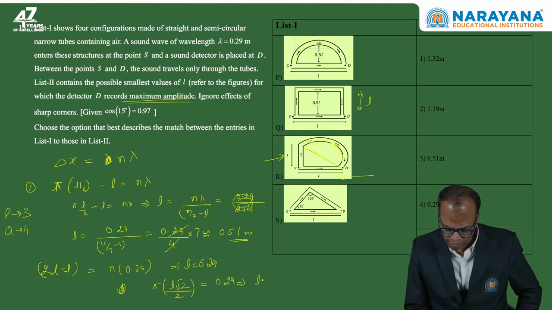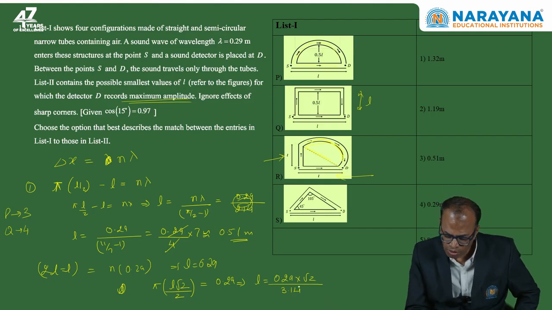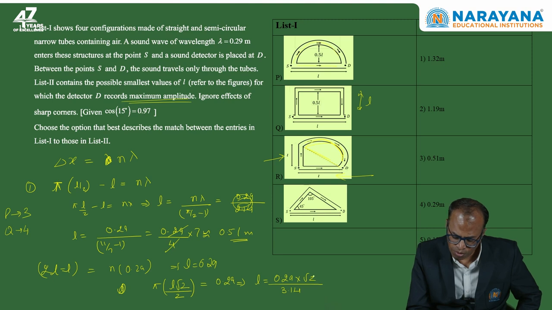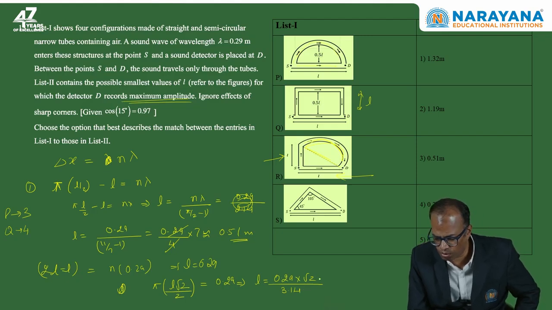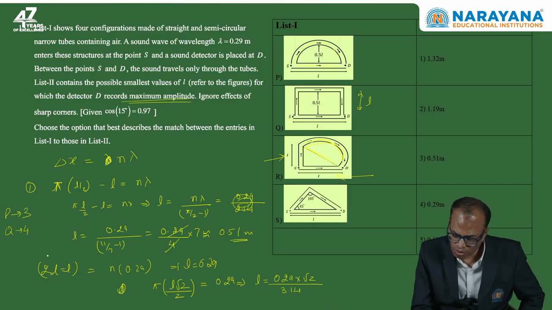So I'll get L as 0.29 into root 2 by pi 3.14. Let us estimate it to the nearest one. Root 2 is 1.414. So let's write it as 1.5 for time being. Somewhere around 0.13. So this must match with option number S, 5. So R goes with 5.